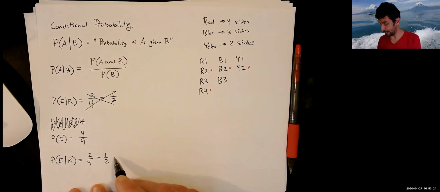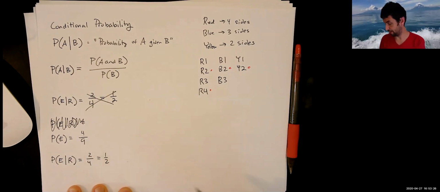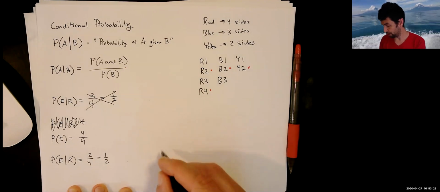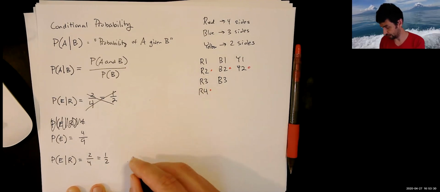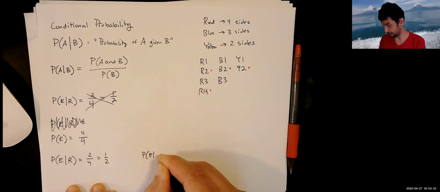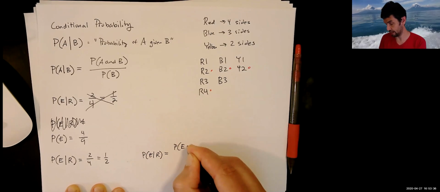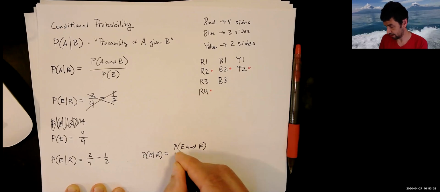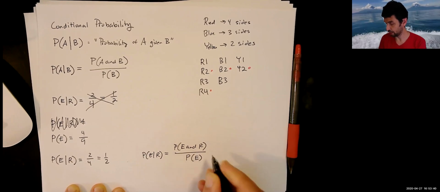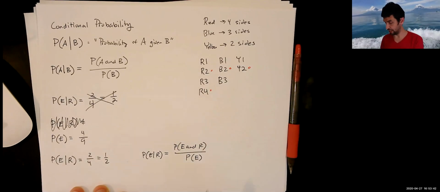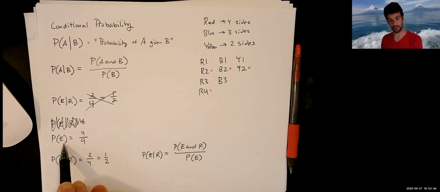Let's finally compare this using the formula that I gave you a minute ago. Even though we already computed it, let's see how that formula works. Remember, this formula was the probability of E and R over the probability of R. So I'm going to compute the probability of E and R. We already computed the probability of E here.